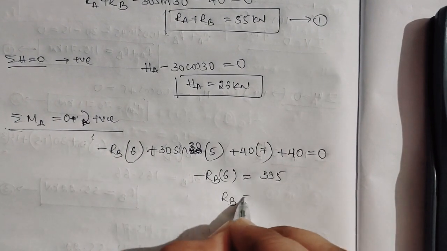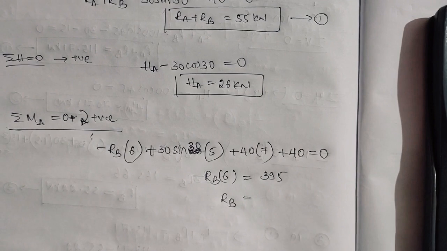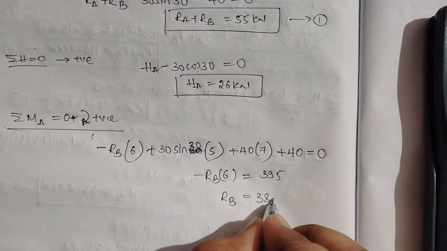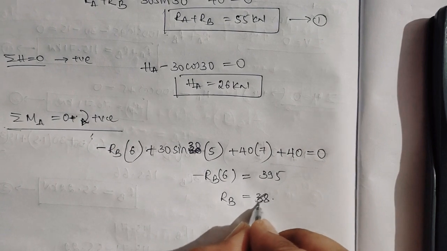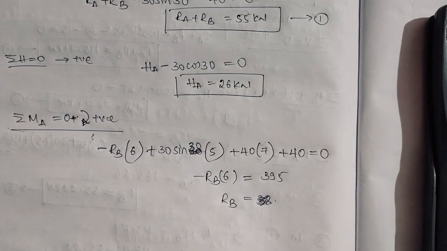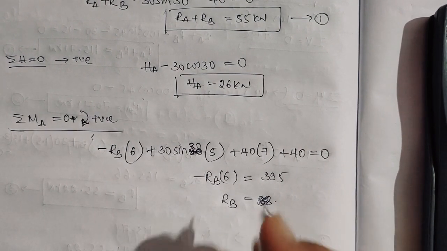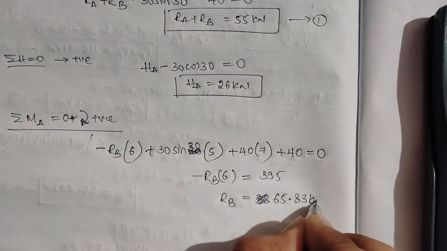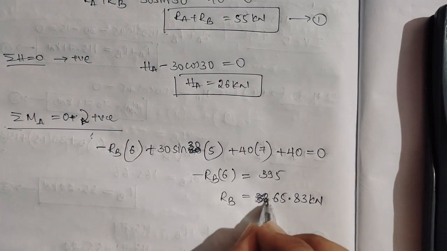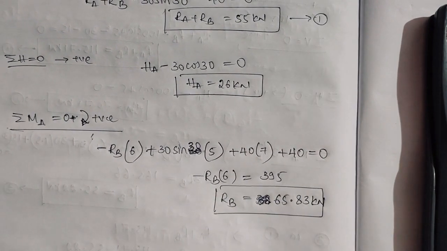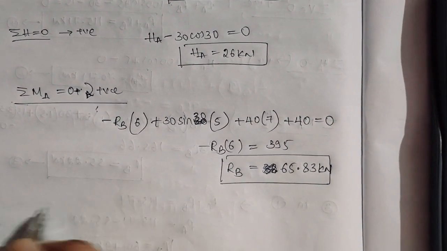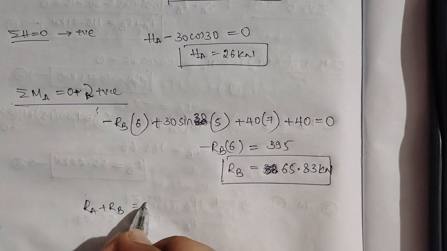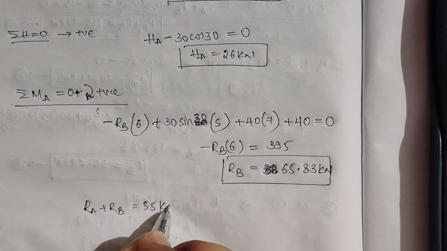So RB is equal to 395 by 6, it is 65.83 kilonewton. This is the RB value. So after getting RB, RA plus RB is equal to 55 kilonewton.